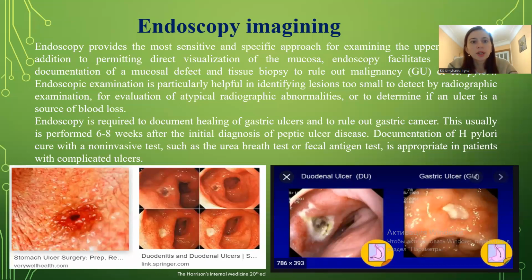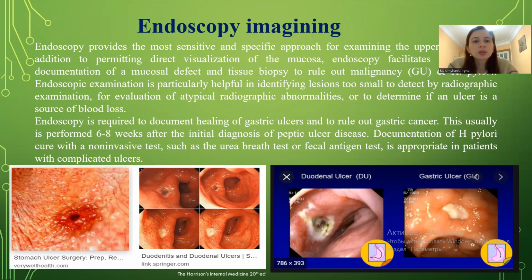Endoscopy imaging. Endoscopy provides a more sensitive and specific approach for examining the upper gastrointestinal tract. In addition to permitting direct visualization of the mucosa, endoscopy facilitates photographic documentation of a mucosal defect and tissue biopsy to rule out malignancy or Helicobacter pylori.